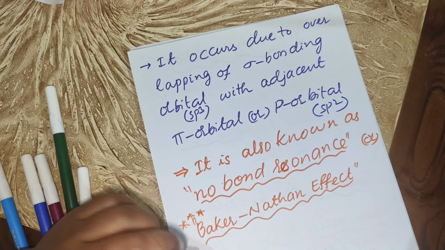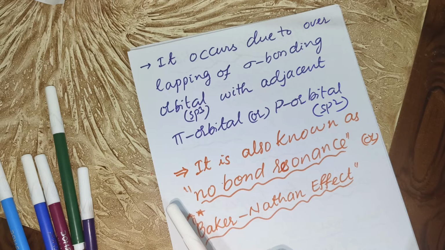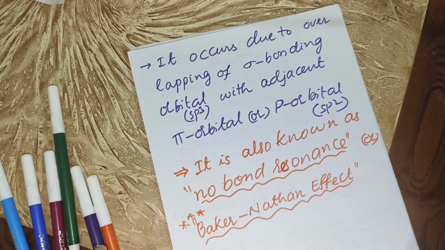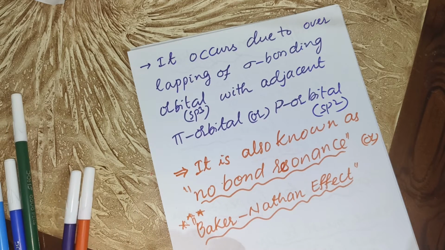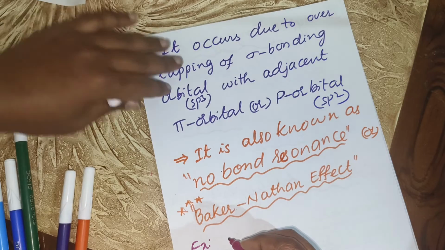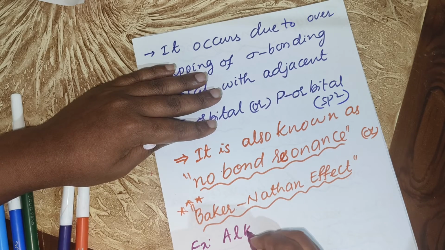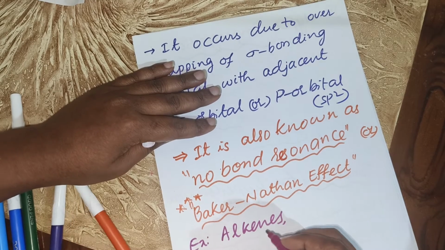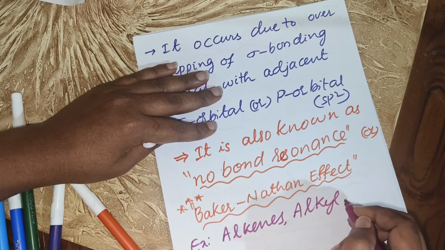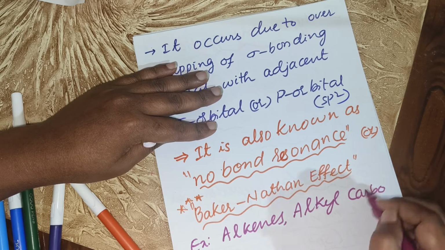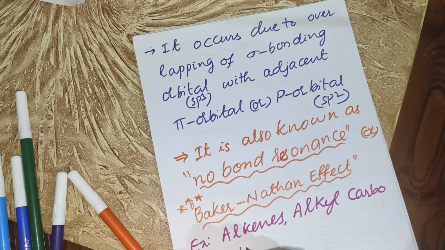What are the examples that can participate in hyperconjugation? I'm writing examples here: alkenes, alkyl carbocations, alkyl free radicals.